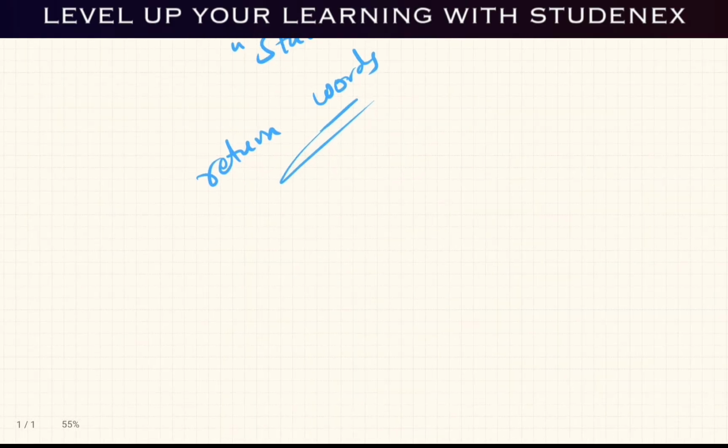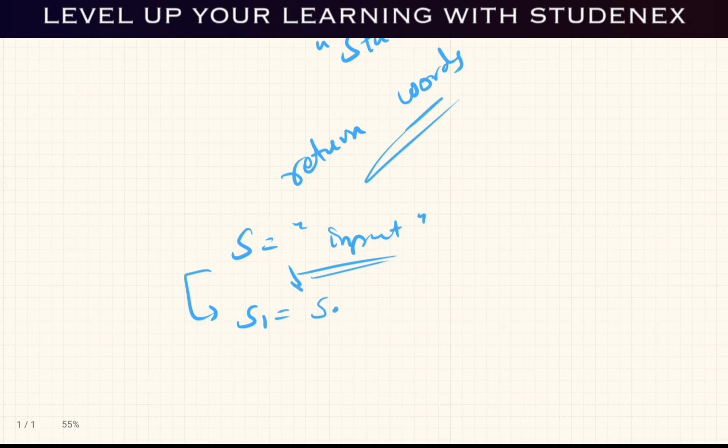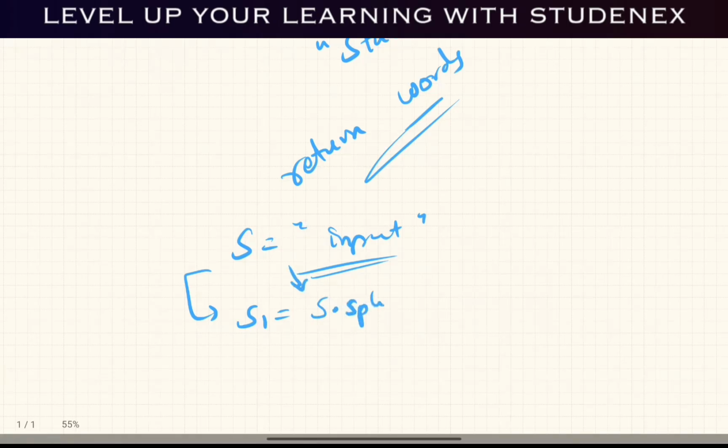So I just explained the coding part again, cleanly. I'm taking input, and you basically know what the input is. I take a new variable and do this whole input dot split.